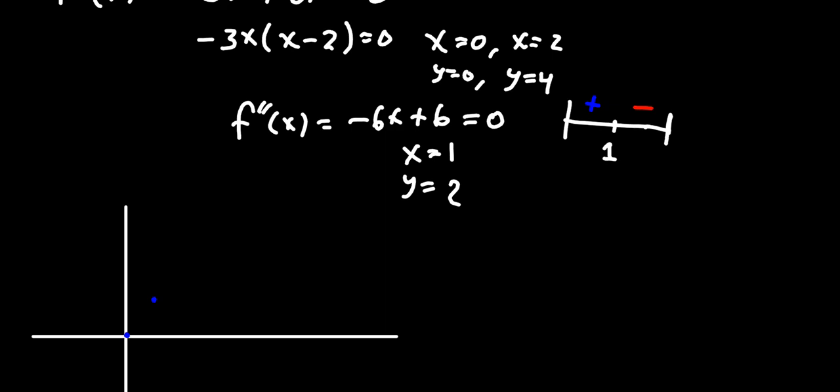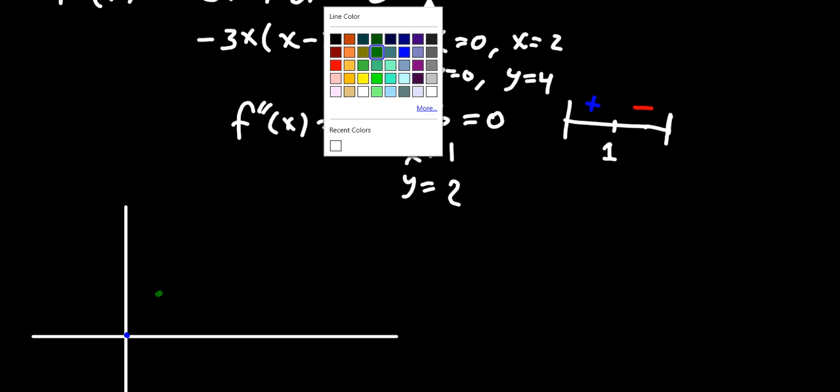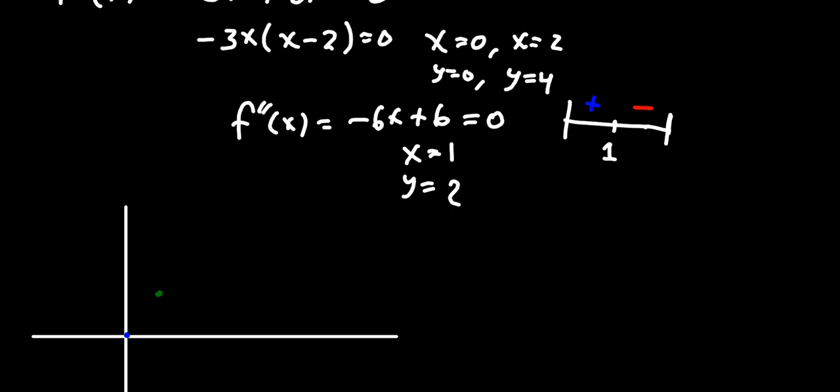And I'll use a different color to notify the concavity switch versus the actual extrema. In this case, it's going to be relative, and you'll see why. The next critical point is 2, 4. It's about right there. Let's delete this other miscellaneous point.